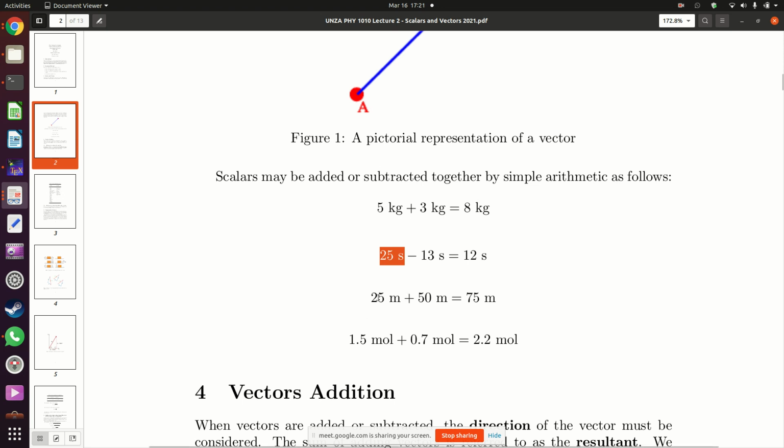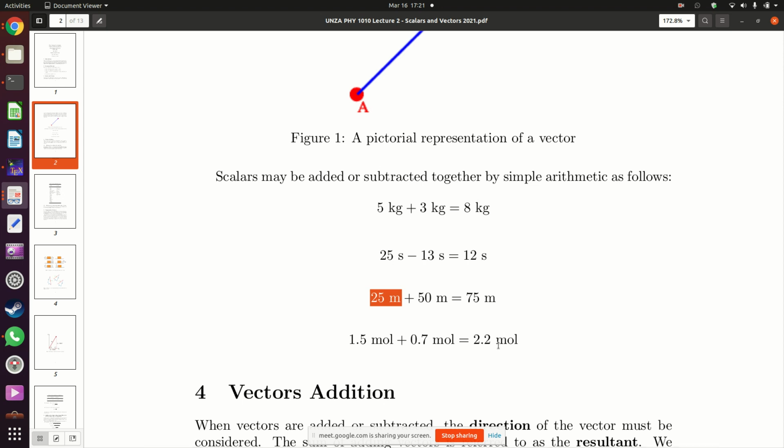Then you can also add distances. 25 meters plus 50 meters, you get 75 meters. In this case, we don't have to bother ourselves about the direction of these distances because it's not important. What you're dealing with is distance and not displacement. Then here, 1.5 mole plus 0.7 moles gives you 2.2 moles.